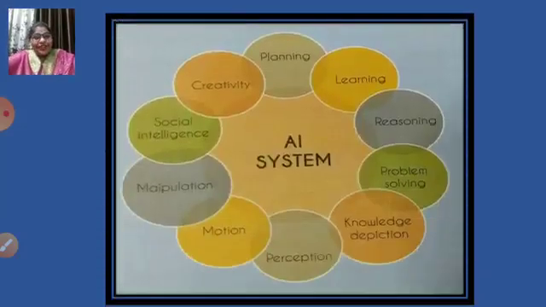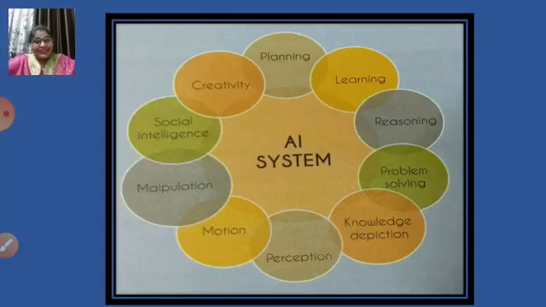Let us see. There is planning, like how human beings plan, right? Learning, reasoning, problem solving, knowledge representation, perception, motion, manipulation, social intelligence, creativity. So all these should be there in the AI system, children.